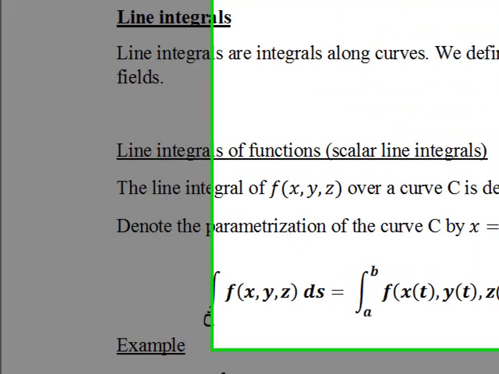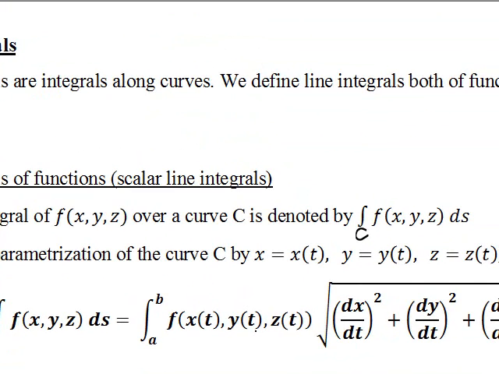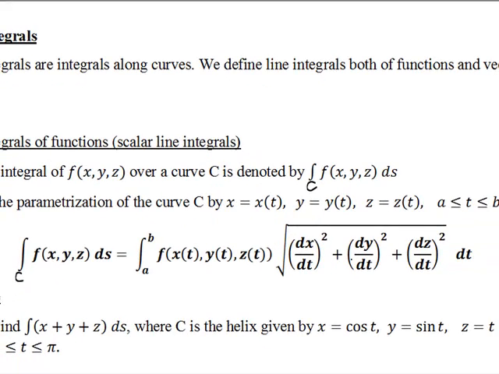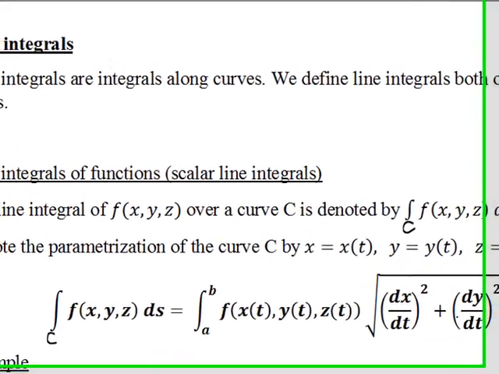You write the function in terms of t by basic substitution, and you multiply by the square root of the sum of the squares of the derivatives. Note, these are not partial derivatives. Do not confuse. These are just the derivatives that you know about.